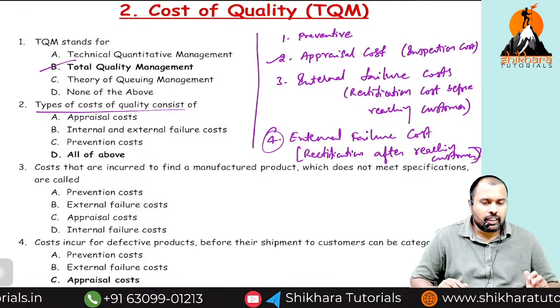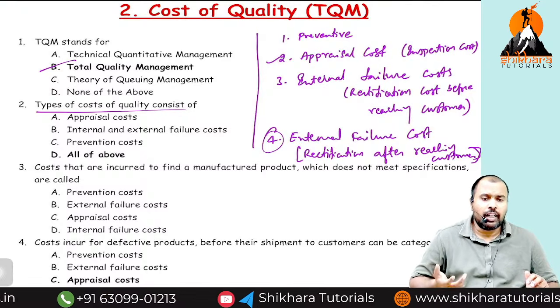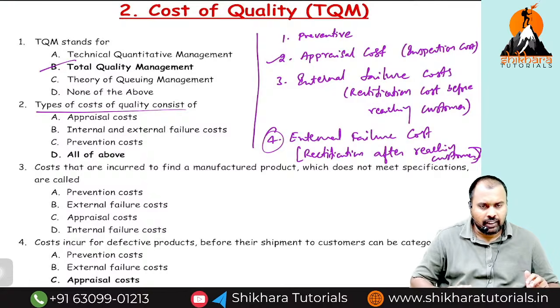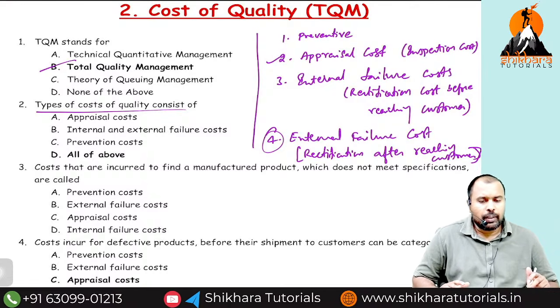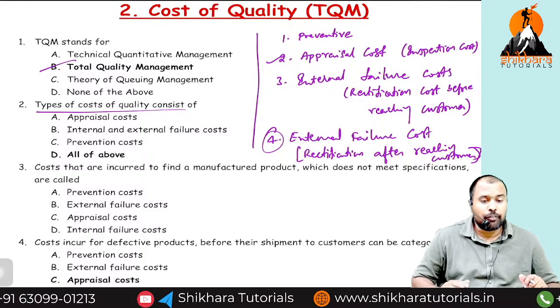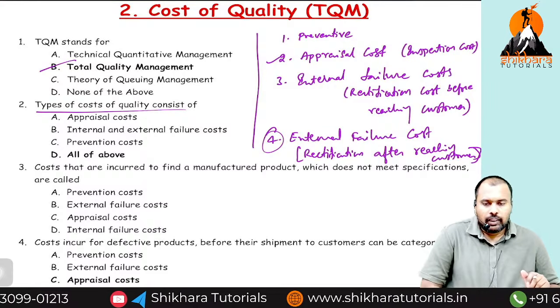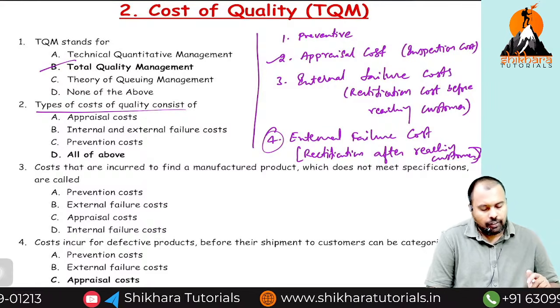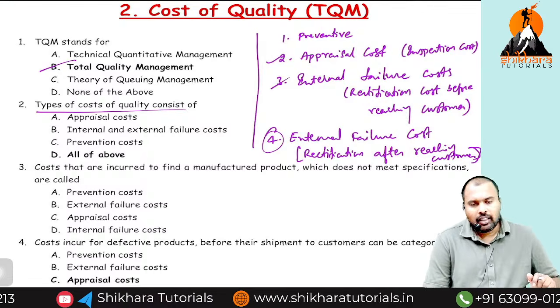And if before reaching the customer you identify defects and do rectification, that is called internal failure. And appraisal cost means, before reaching the customer, identifying defective products: this is for identification and this is for rectification.